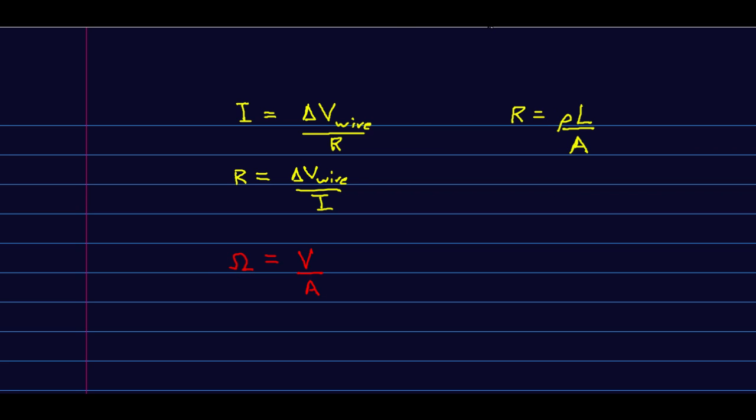So now you can see that the resistivity is going to be resistance times area over length. And so a resistance we know is in ohms, an area is in meters squared, and a length is in meters. And so a resistivity is in ohm meters.